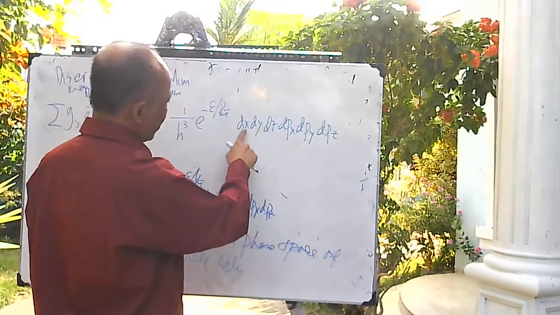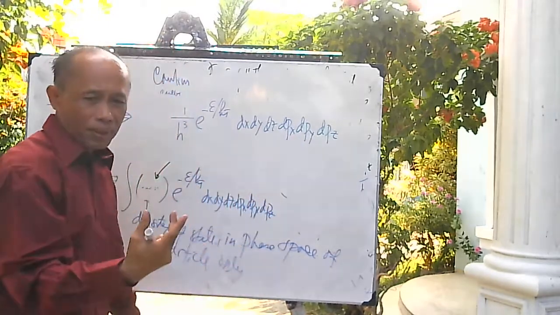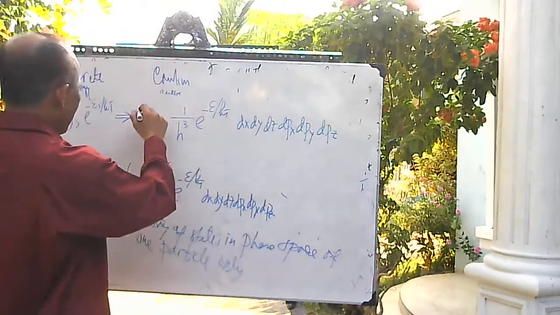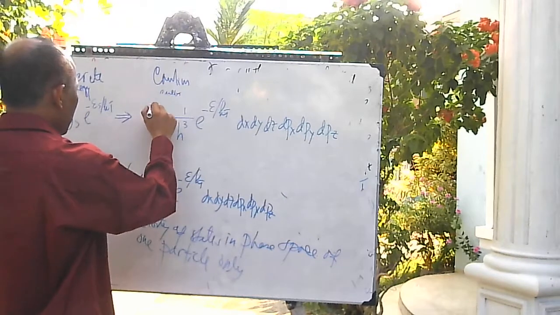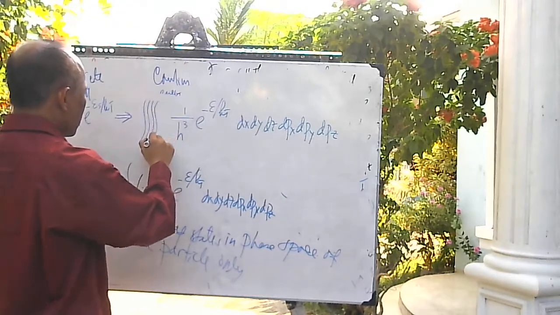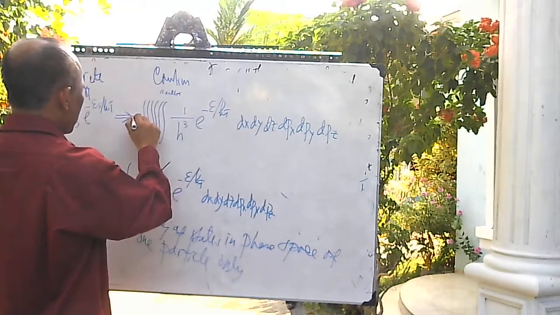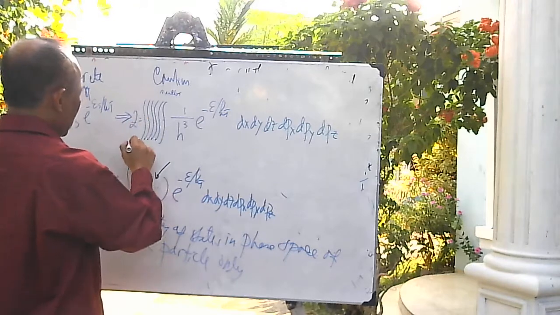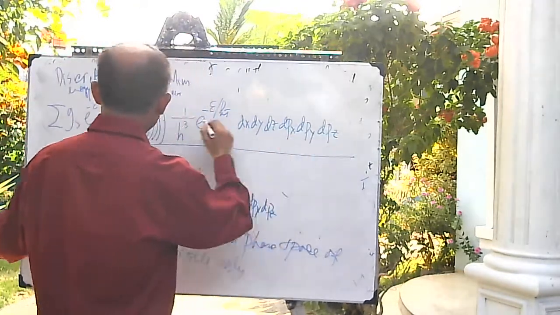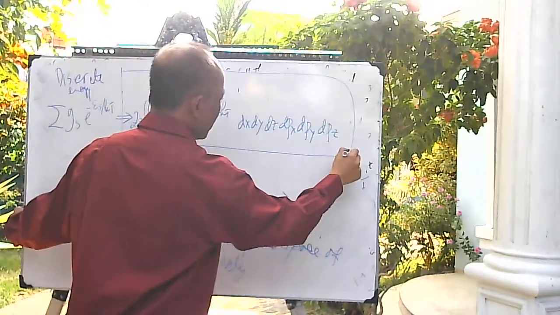And because we have 6 differentials, the integral becomes 6-fold: 1, 2, 3, 4, 5, 6. This is the partition function Z of one particle with continuum energy.